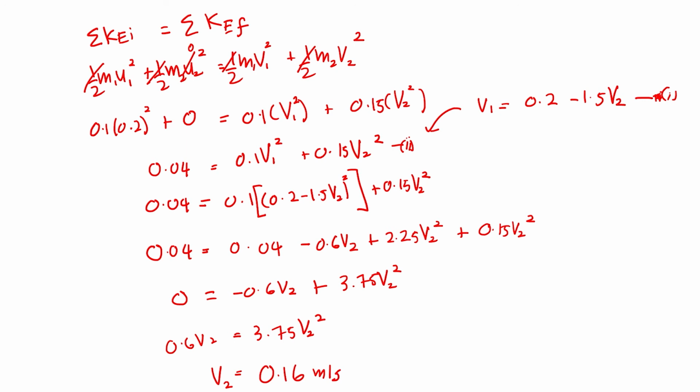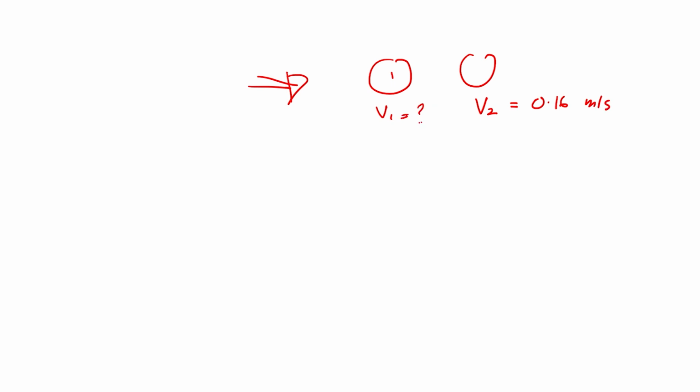V2 is for the object of 0.15. The question asks about the velocity for m1 and m2. This is for V1 and this is for V2. So we get the velocity for V2, 0.16 meters per second, and V1 we don't know yet.